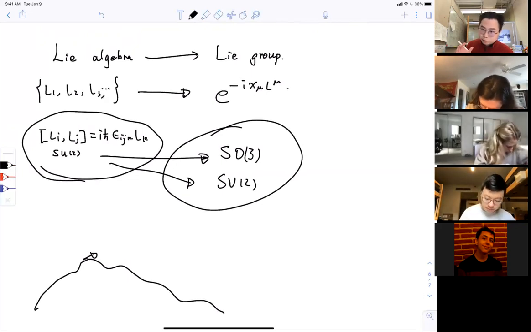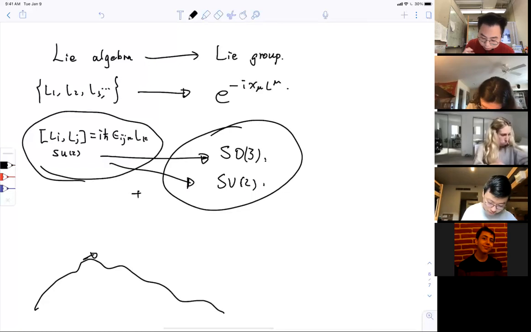Without the group structure, we have no way to do that. But with group structure, we can almost do it. You can say there's still some uncertainty, right? It may be SO3 or SU2. But if you add another constraint, a global constraint, there will be a one-to-one correspondence.